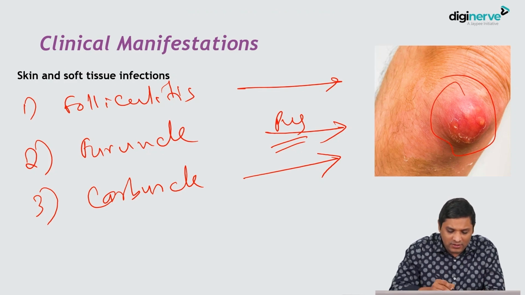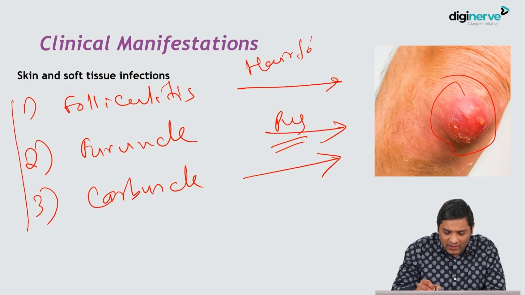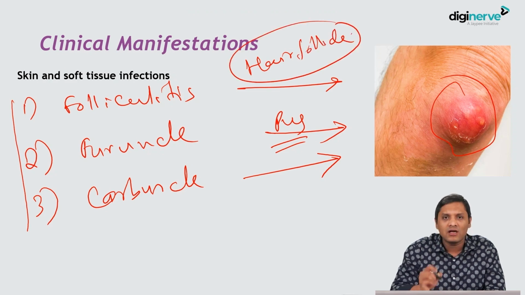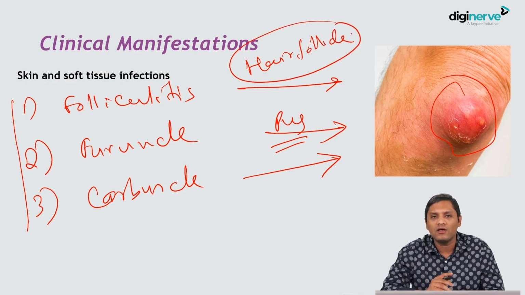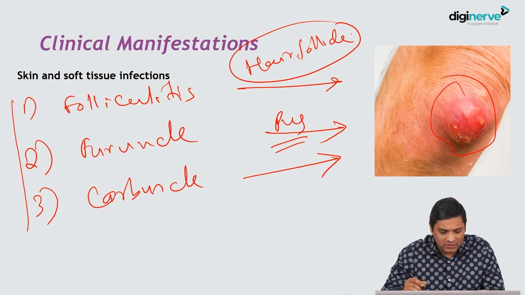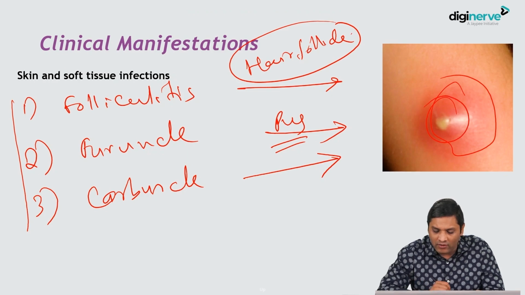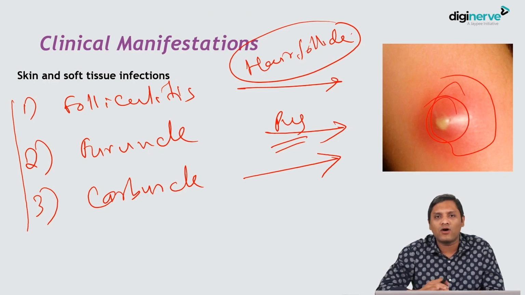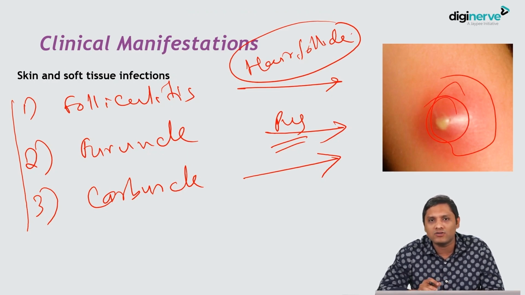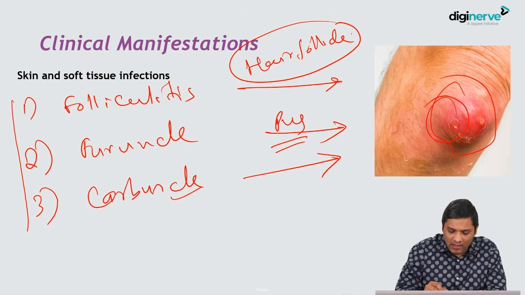So all these three are infections of the hair follicle. It starts with folliculitis, a single infection of a hair follicle. Hair follicle infection associated with pus formation is called a furuncle, and a few furuncles will join together to form a carbuncle. So these are the hair follicle infections.